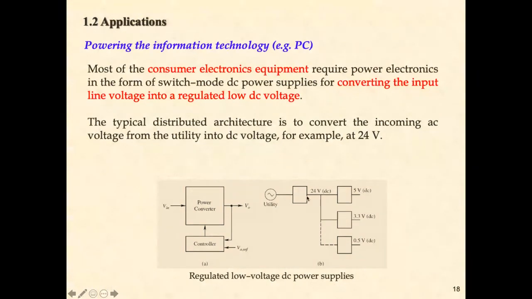And then this transformer can only deliver 24 volt, but other components, as mentioned before, need different voltage levels. So here we need to do the DC-DC conversion to step down the voltage, from 24 volt to 5 volt, or 24 volt to 0.5 volt, and so on. So this is the example of why a PC also needs the power electronic interface.